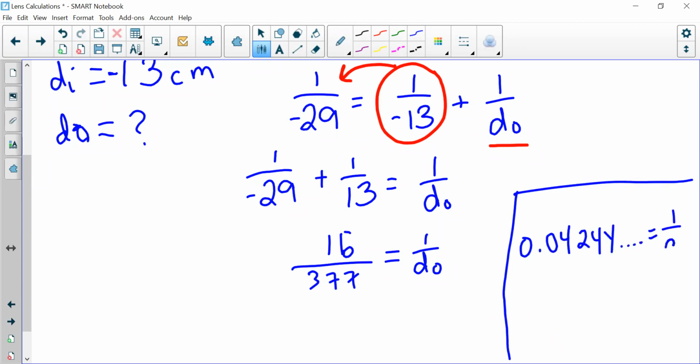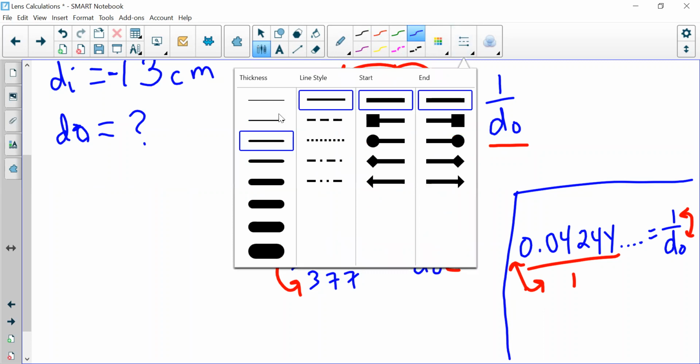Okay. Remind me again, how are we going to isolate for DO? Flip the fractions. Fantastic. So just flip the whole thing upside down and do 377 divided by 16.